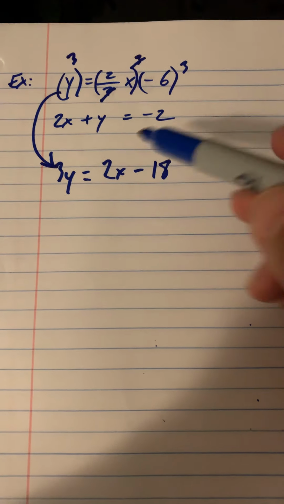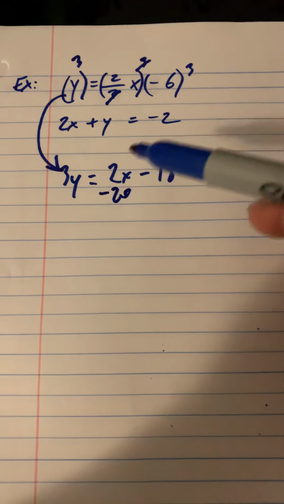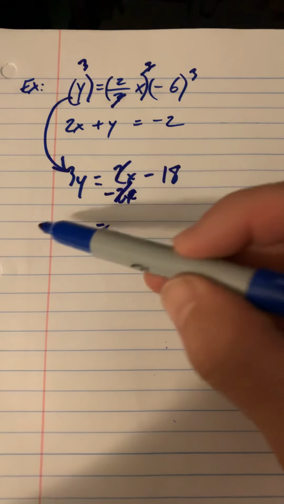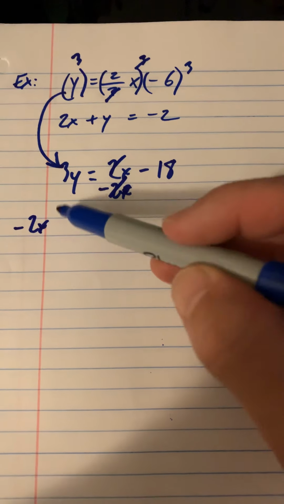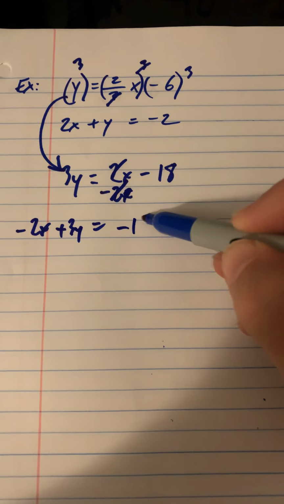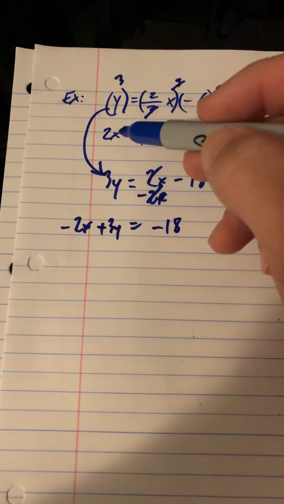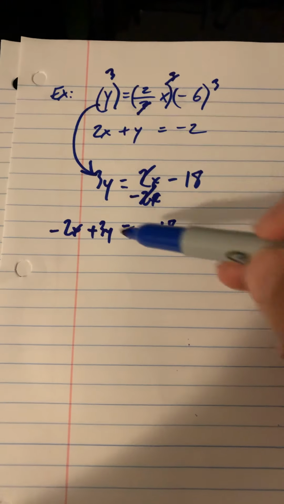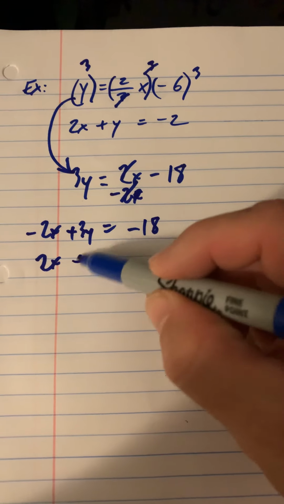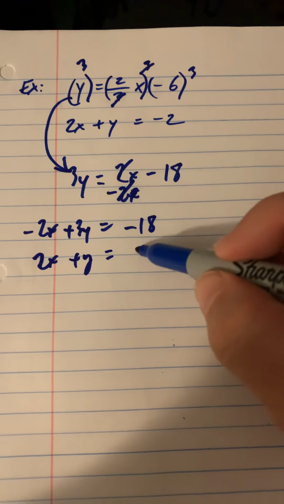So let's move this 2x over here, and that's going to cancel. It's going to leave us with negative 2x plus 3y equals negative 18. Then I'm going to bring the second equation right below it: 2x plus y equals negative 2.